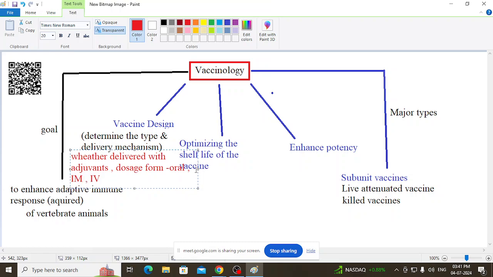Those considerations are determined by means of the design of the vaccine. Okay. So this is important.